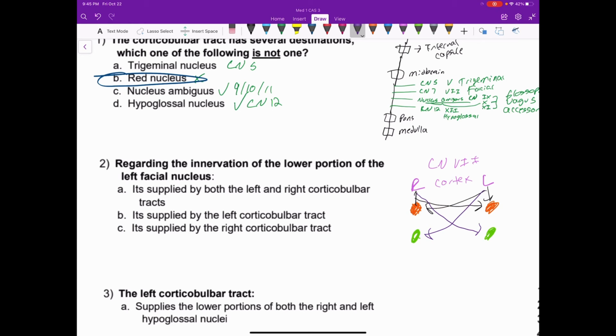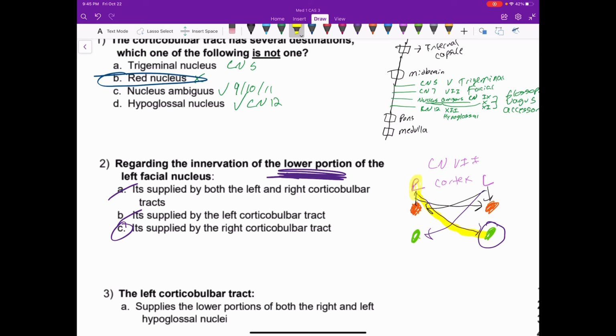Okay, so now, is it supplied by both the left and right corticobulbar tracts? They're asking us for the lower portion of the left facial nucleus. So they're asking us for what portion? This portion right here. Is it supplied by both left and right? Absolutely not. Is it supplied by the left corticobulbar tract? No. Is it supplied by the right corticobulbar tract? Yes. Why? If we look right here, let me highlight it. This guy is coming from where?